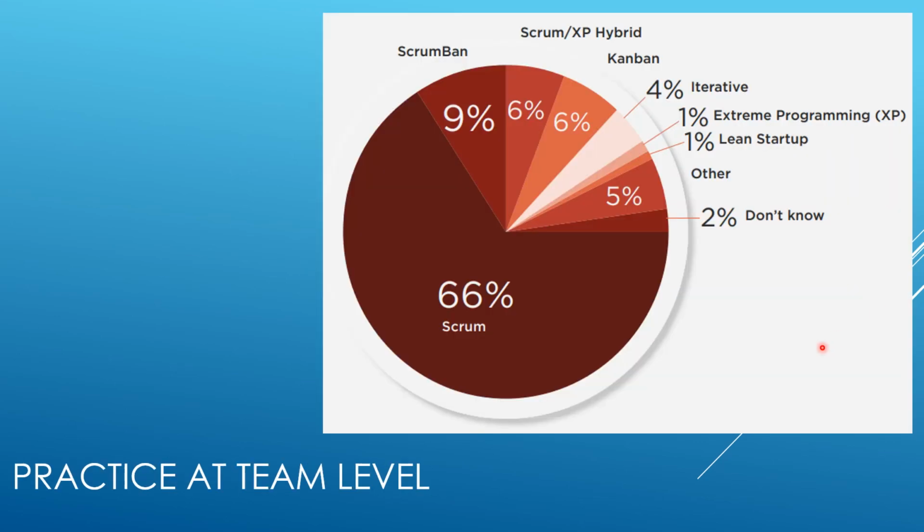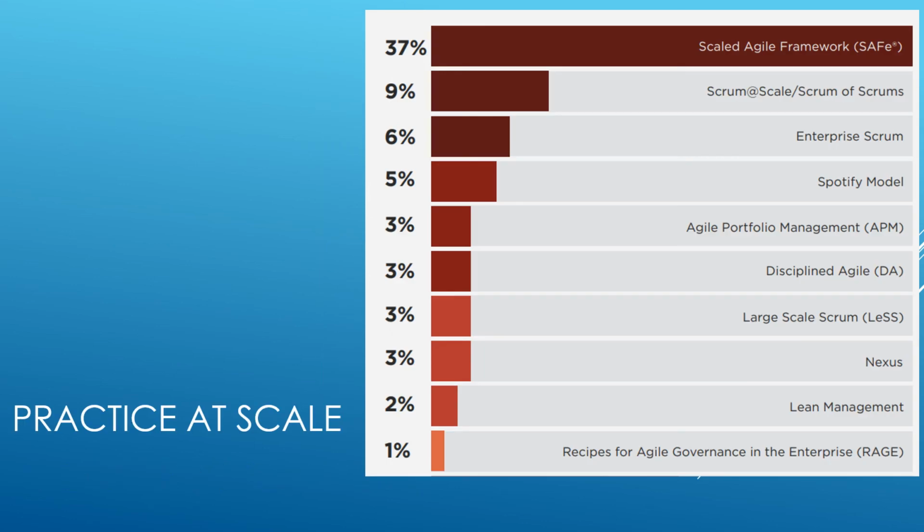Let's look at a couple of slides on how the statistics look at the current level. One of the recent surveys from digital.ai talks about the major practices at team level. It says that if there are 100 companies in the world today, 66% are practicing Scrum, 9% are using a Scrum hybrid, 6% Scrum XP, and 6% Kanban.